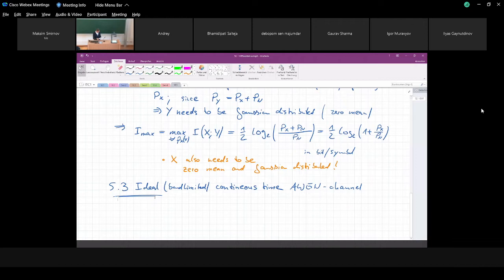And now, what is the situation now? Basically, start with the mapping. So what we know is that we want to transmit a sequence of symbols, of course.